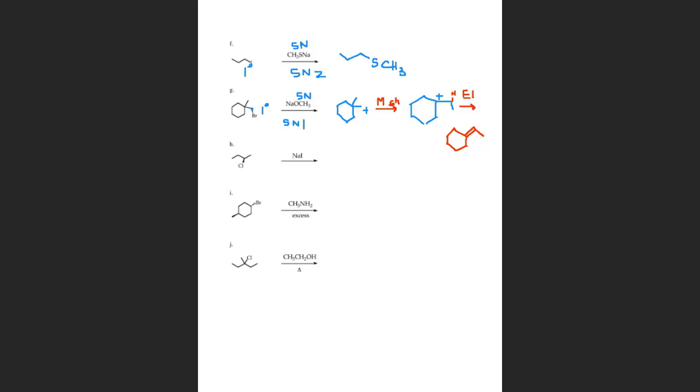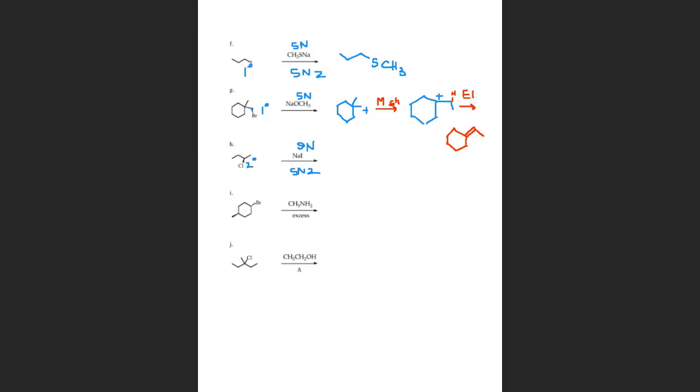So for H, we have this Cl, right? And it is on a secondary carbon. And I- is a very strong nucleophile. So that means it would go towards SN2. Sorry, let me just erase this part really quick.